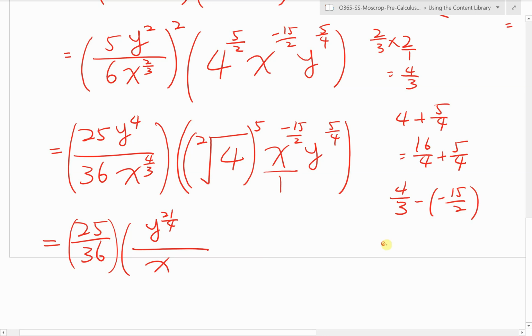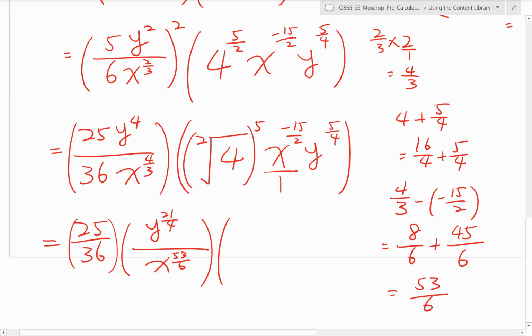I need a common denominator. This time it's going to be a 6. So that's an 8, multiplying everything by 2. We have minus, so that's actually a plus. To turn the 2 into a 6, we need to multiply by 3. 15 times 3 is 45. 8 plus 45 is 53. So 53 over 6. That's our exponent, 53 over 6.